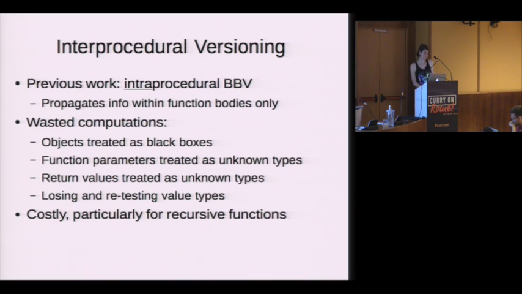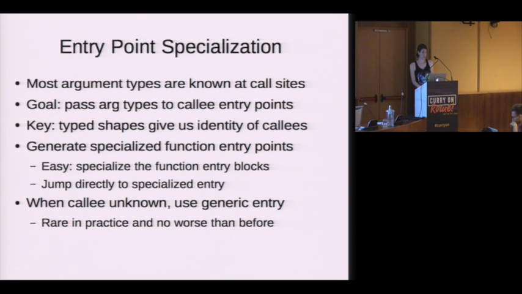So what we would like to do is to map argument types to function parameter types. And the way we do this is very simple: we create multiple specialized versions of function entry points that have information about parameter types.